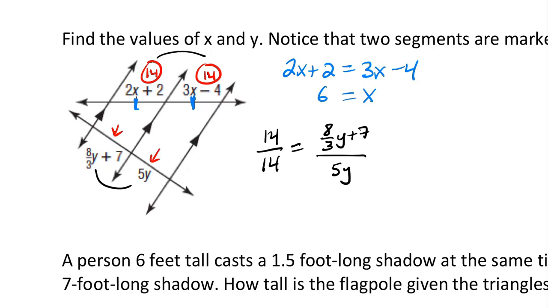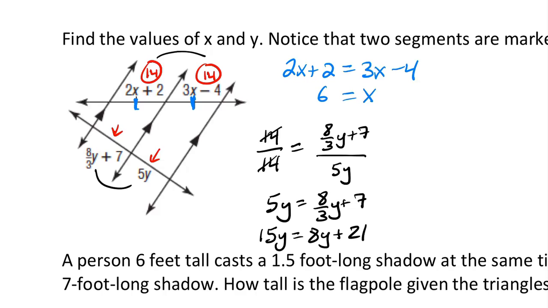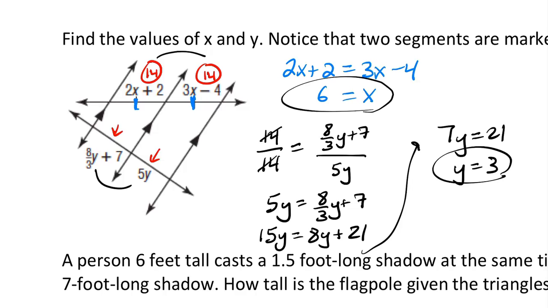Cross multiplying, divide those out. Turns out that those two segments are congruent after all. I'm going to multiply both sides by 3 to get rid of the fraction. We get 15y equals 8y plus 3 times 7, 21. Subtract 8y. That will give us 7y equals 21, so it looks like y is 3. And x is 6.